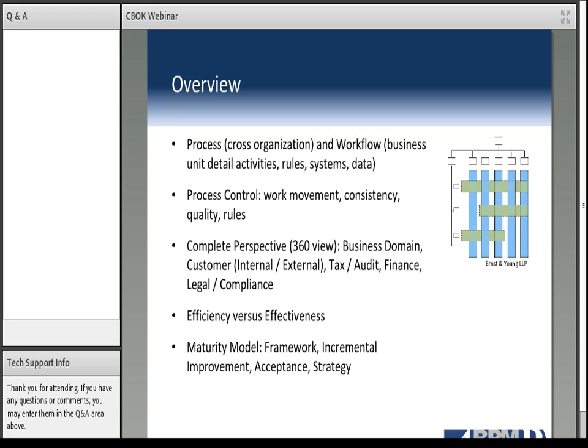The next point is the aspect of having a 360 view. When we say 360 view and you're defining a process from beginning to end, as we've been discussing, it's really not just saying, from a client standpoint, what are the activities that need to be performed, but also engaging the other organizations and asking, what are the internal customers and processes? What is the tax and audit perspective on this process?